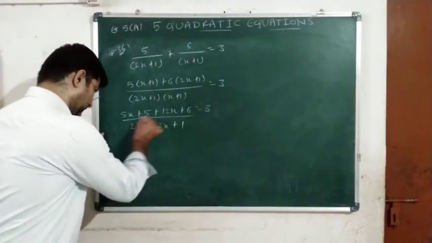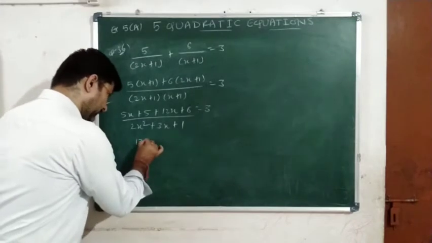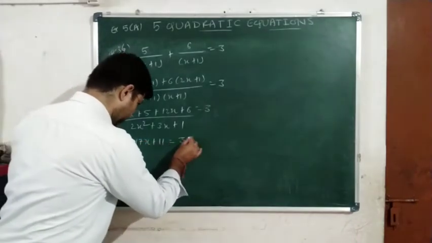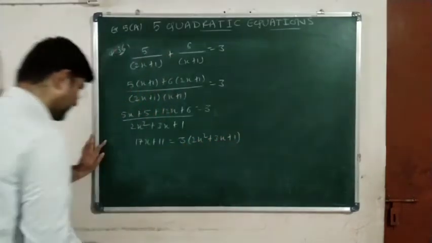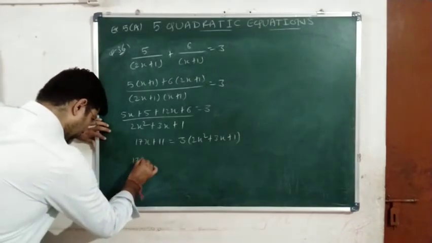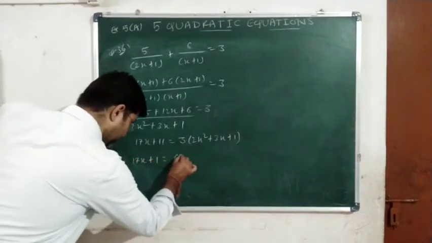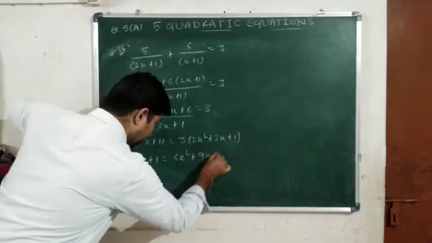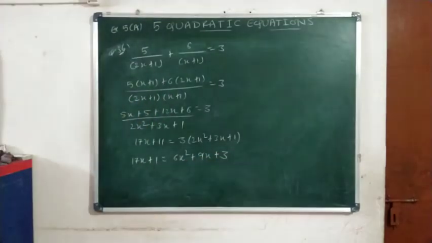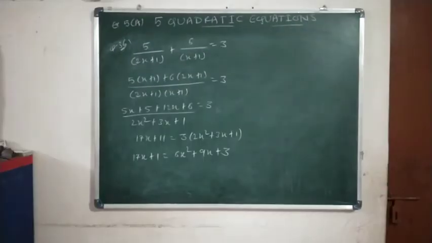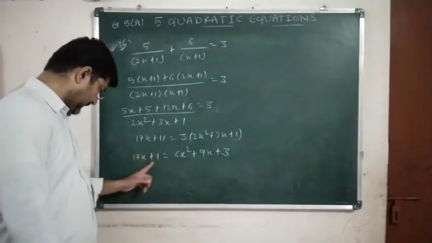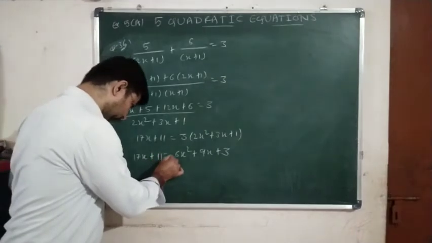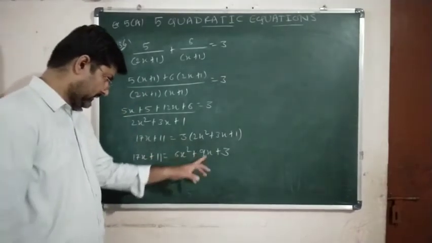Okay, therefore 12 plus 5, 17x plus 11 is equal to 3 into 2x square plus 3x plus 1, therefore 17x plus 11 and 6x square plus 9x plus 3, okay, done.